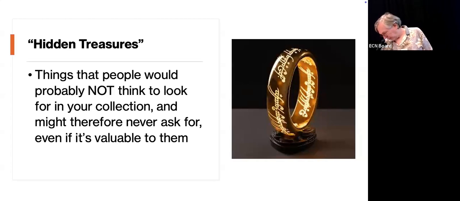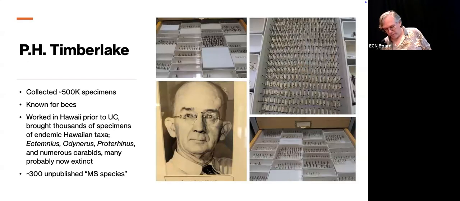In that vein, using UCR's collection as an example, our collection reflects more than anything else the contributions of this particular person, Philip Hunter Timberlake. It's not Paul, it's Philip.